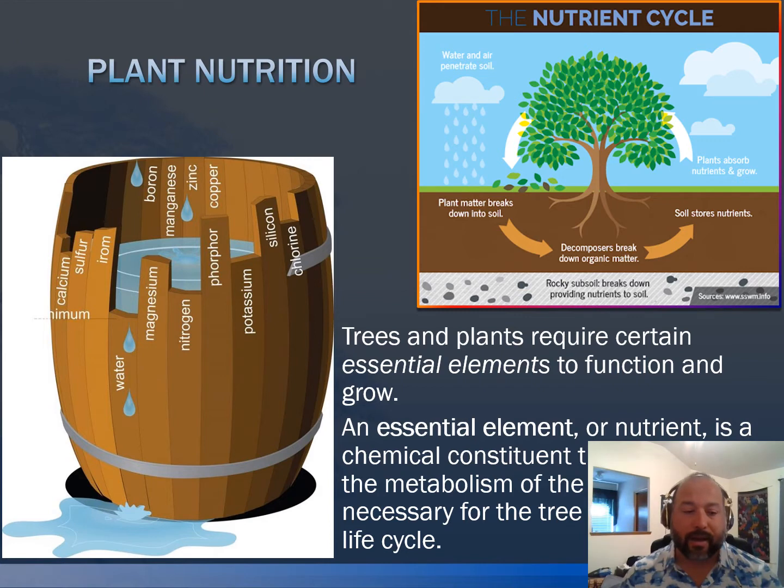If you're having issues with something, more than likely it's because you're missing one of these essential elements. In this case, trees, plants, and humans aren't necessarily very different. But there are specific elements that we need, just like the tree needs, to be healthy and happy and grow to our biggest potential.